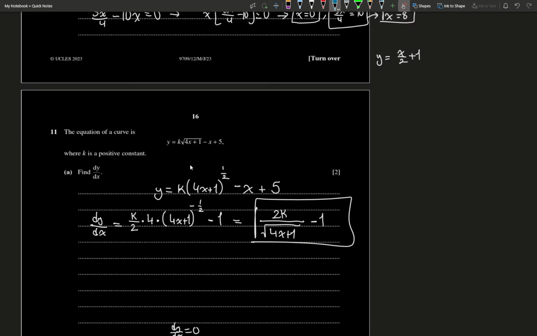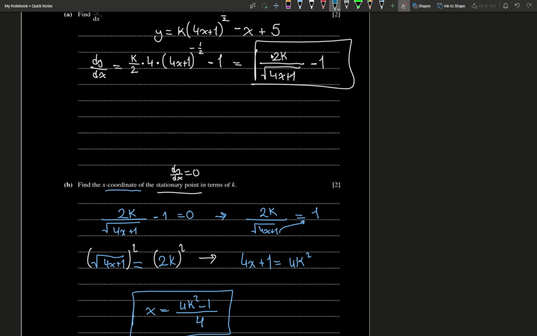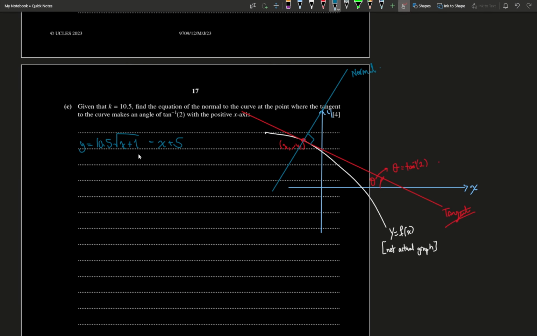Right? And the derivative will be 2k, so 2 times 10.5 is equal to 21. So dy by dx is equal to 21 divided by the square root of x plus 1 minus 1. Very nice. So we want to find the equation of this straight line, which is the normal.